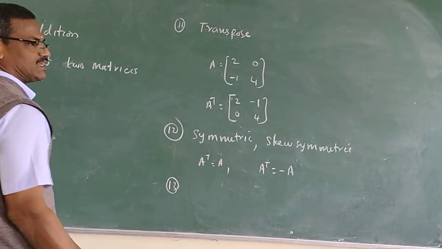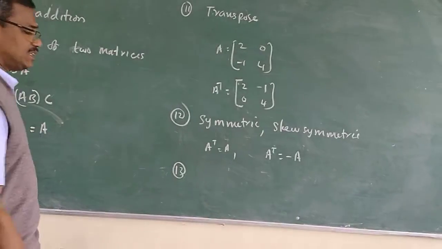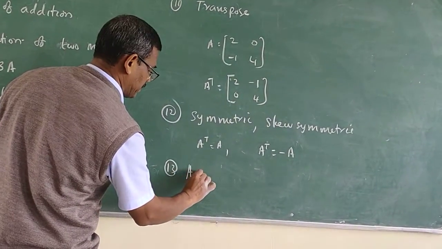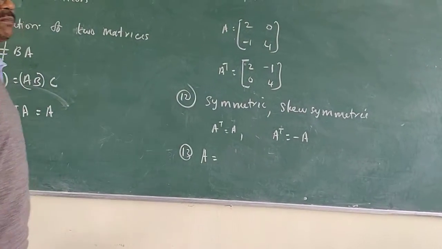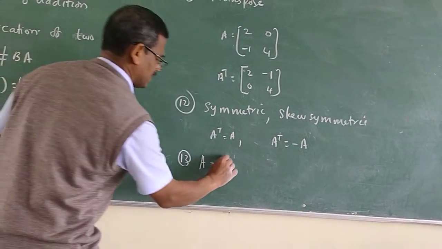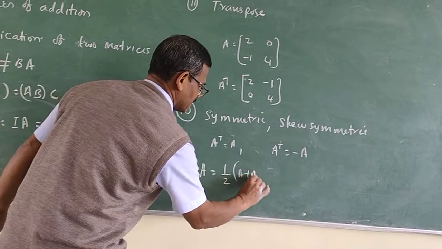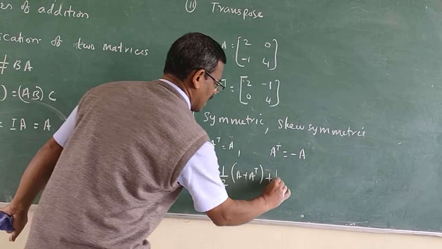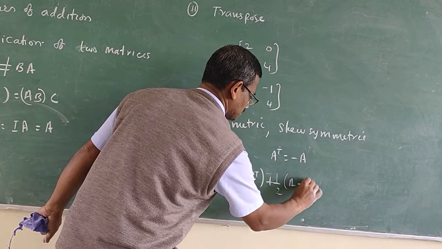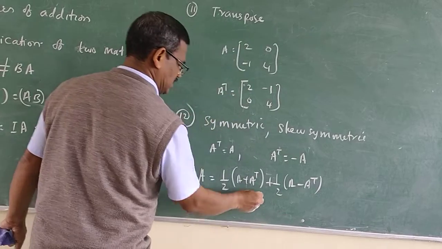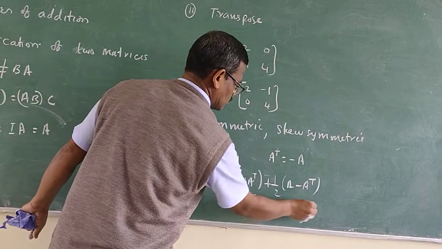And then another thing you should remember is that any square matrix can be represented as a sum of a symmetric and a skew symmetric matrix. That is, A is equal to half into (A plus A transpose) plus half into (A minus A transpose). The first is a symmetric matrix and the second is a skew symmetric matrix.